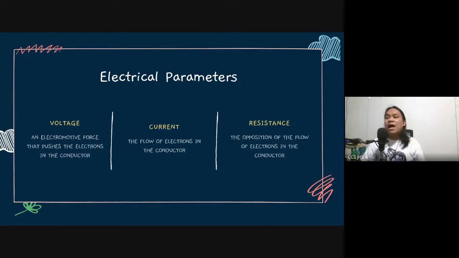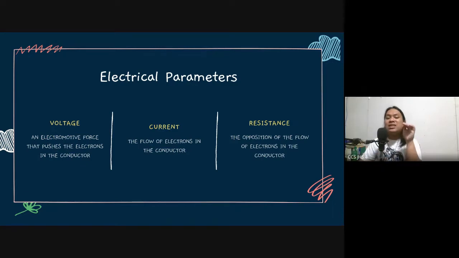Next, we also have what we call current. Current is the actual flow of electrons in the conductor. So again, if voltage is the force that pushes the electrons, once the electrons are pushed towards our conductor, the actual flow, their movement, is what we call current.